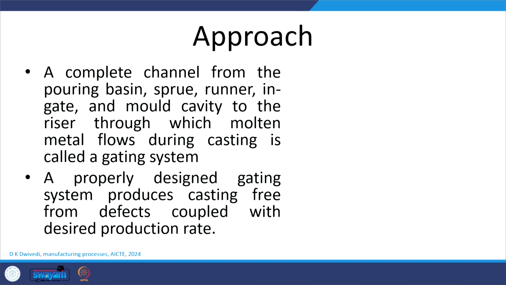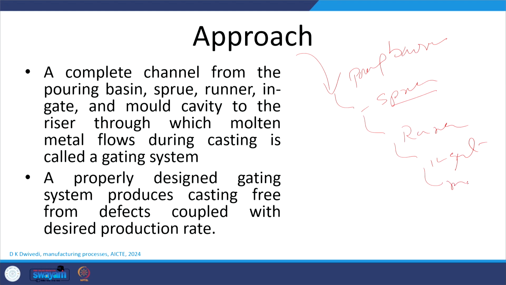And when the molten metal is poured into the mold, it flows through different channels. The first is the pouring basin, then there is a sprue, then a runner, then an ingate, and finally there is the mold. And once the mold is filled, the molten metal goes to the riser.